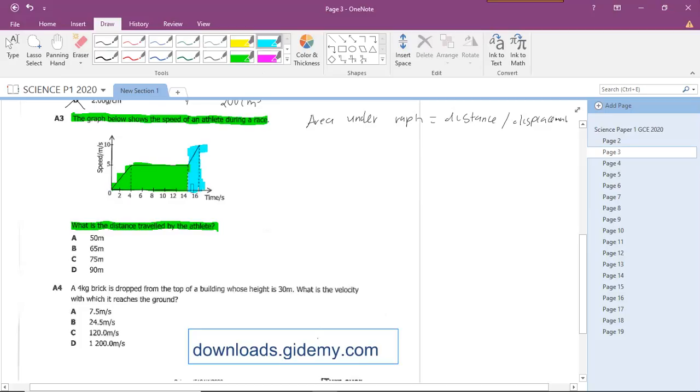Do you see these two trapeziums? Yes. All right.